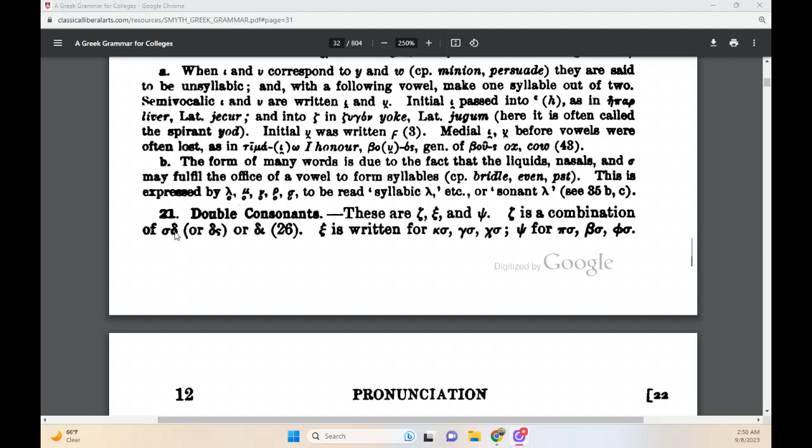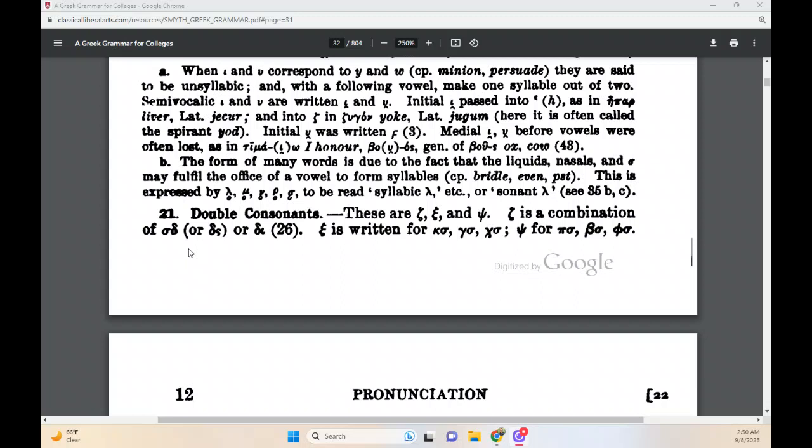Now, there are 2 different preferences for pronunciation. Normally, when you hear me pronouncing it, you're going to hear me pronounce delta sigma, z. But there are some who pronounce it as sigma delta, st. It's just 2 different ways of pronouncing this Greek letter zeta.